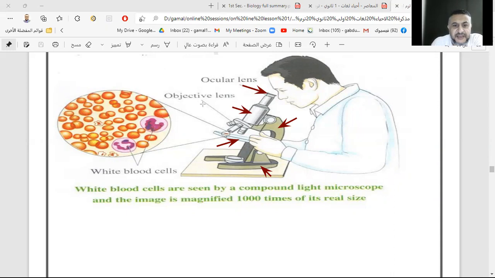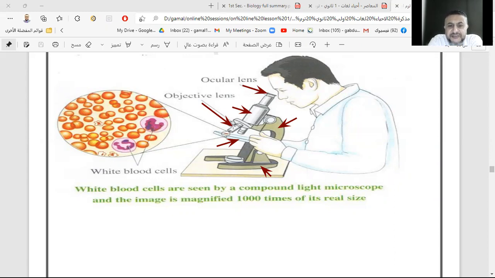And we have another lens, which is the objective lens. And this objective lens is not one lens only, but many lenses, maybe 3 or 4, because you need to use different strengths of magnification. The different cells or microorganisms that you are studying depend on the size of the organism that you study.